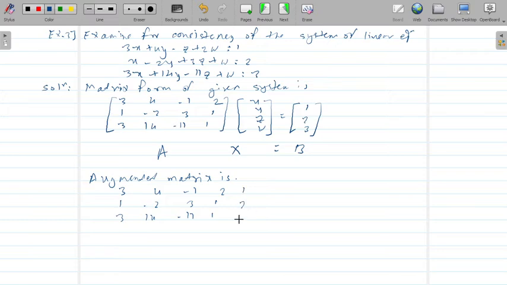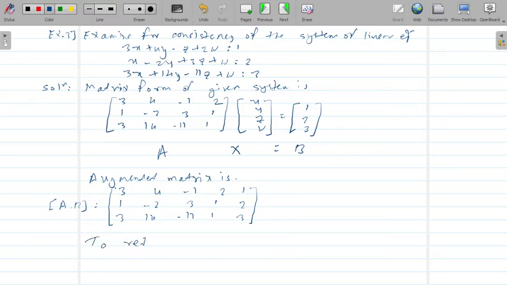So 1, 2, 3, and now this is your augmented matrix. If you want, you can denote this by [A, B], and now we have to reduce this matrix to echelon form.